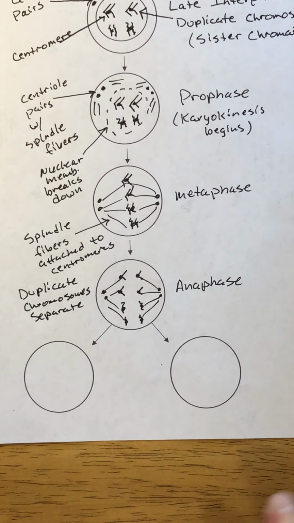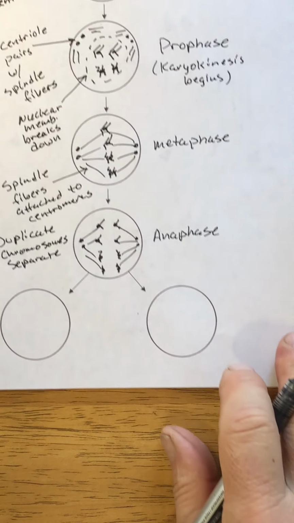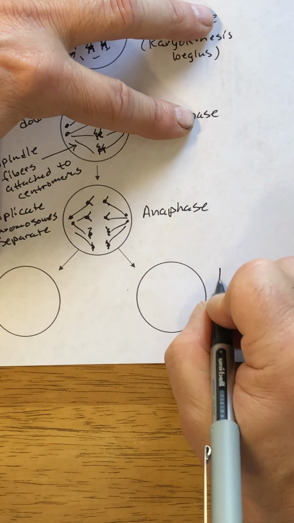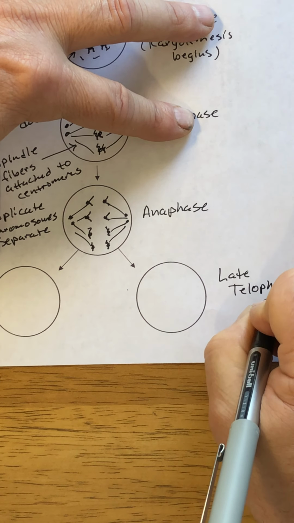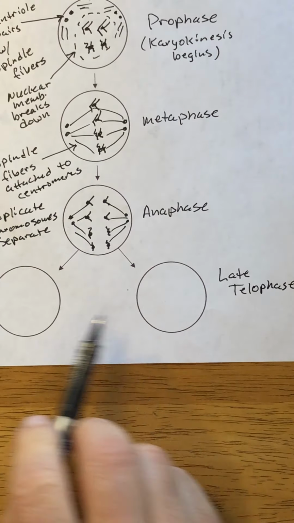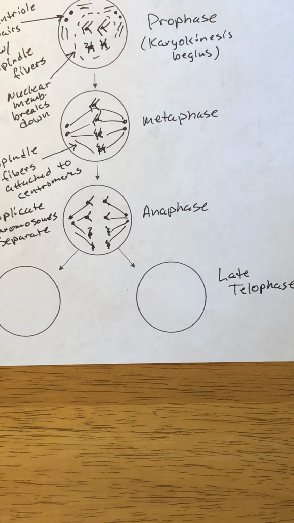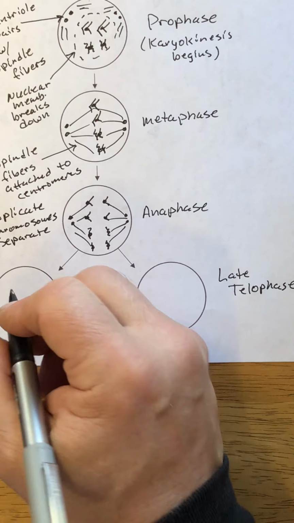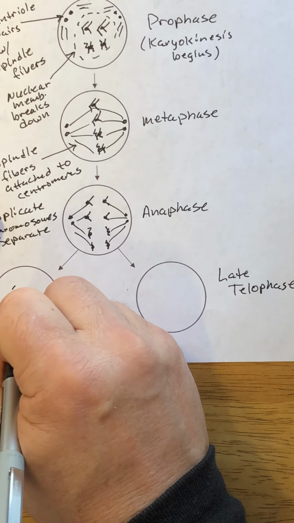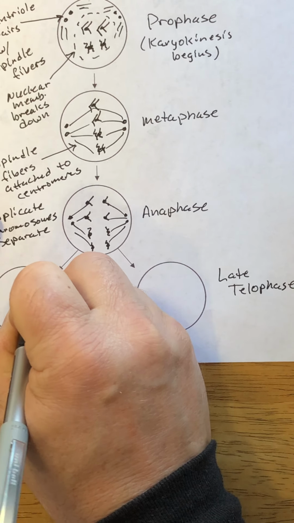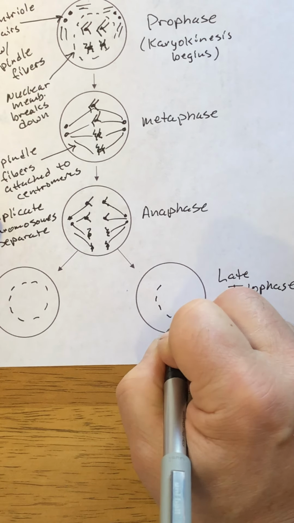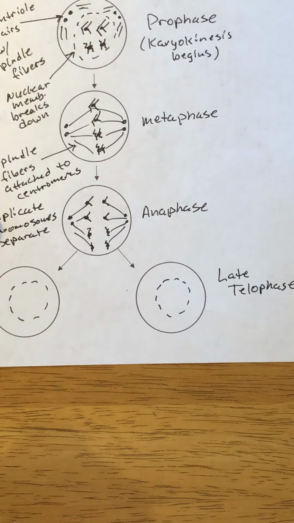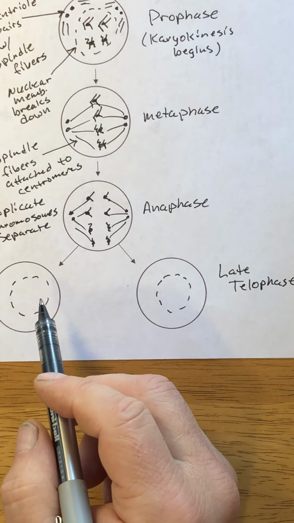And then the last phase is telophase. And this really represents more late telophase, because you can see now that the two daughter cells are completely separated. This wouldn't happen until the very end of telophase. And what happens is basically one of each of the pair of duplicate chromosomes will move towards each of the two daughter cells. The dotted line represents the reforming nuclear membrane.